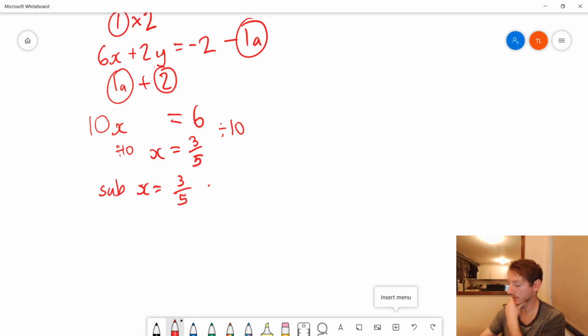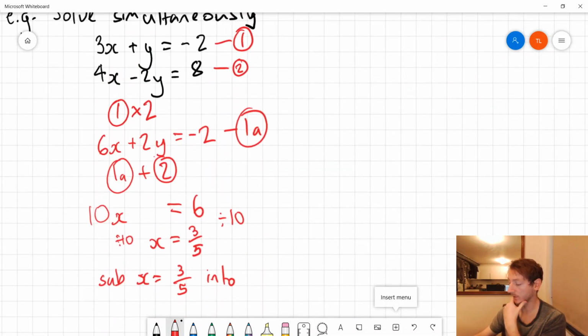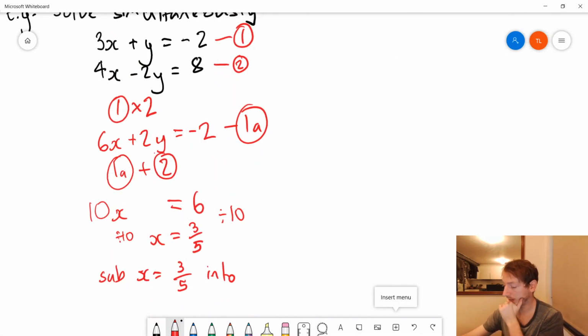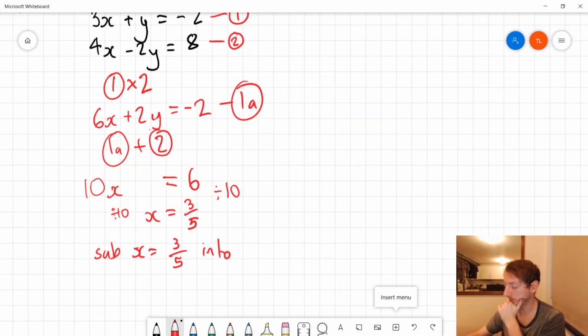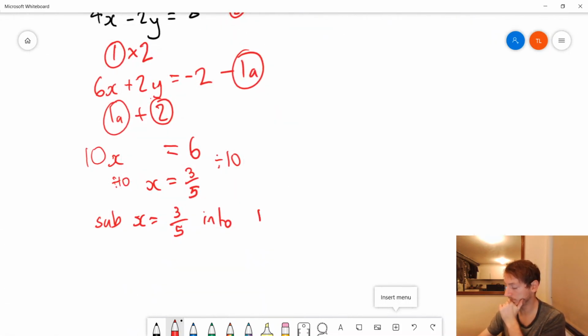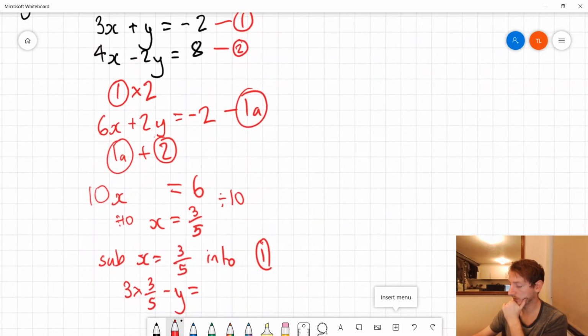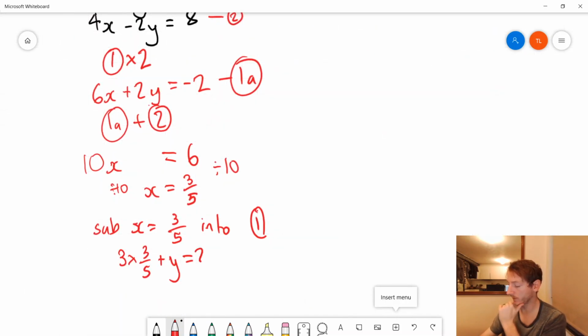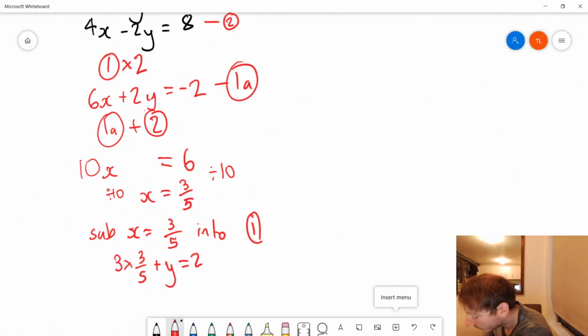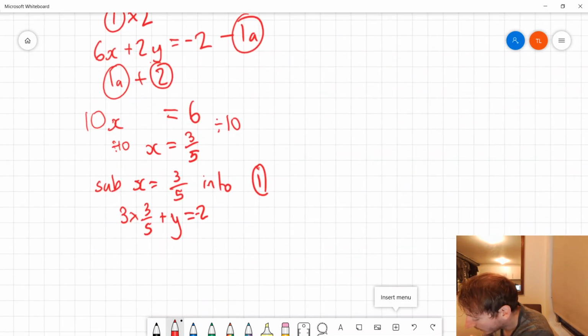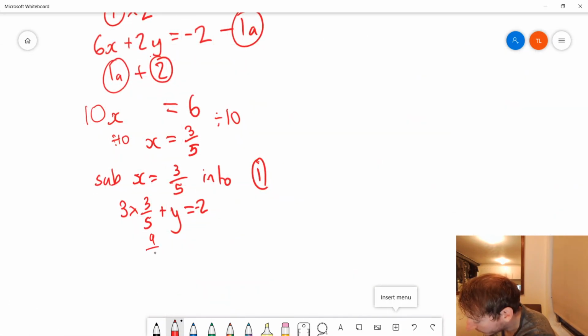3/5 into any of the equations. We've got 3 now. Let's do this one, why not? Into 1. 3 times 3/5 minus y equals, sorry, plus y equals negative 2. 9 over 5 plus y equals negative 2.